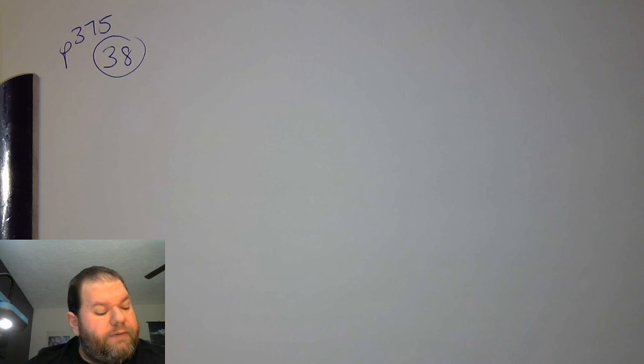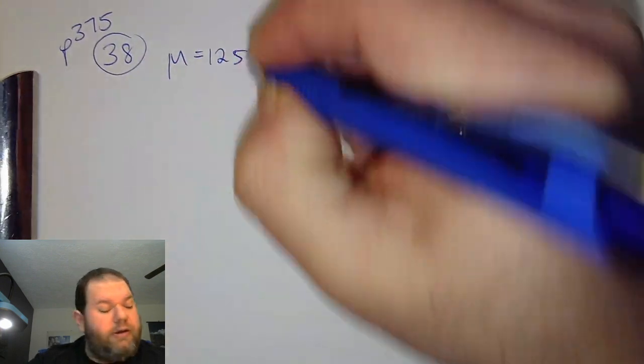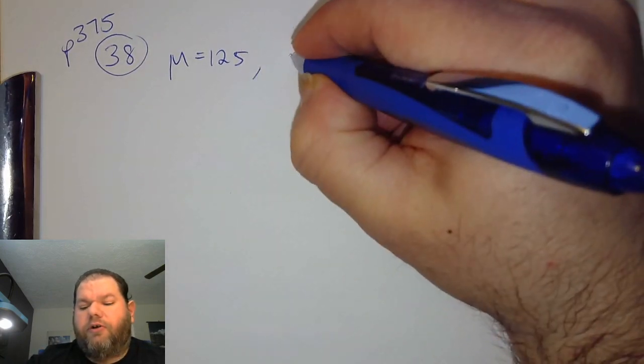The reading speed of 6th grade students is approximately normal, with a mean speed of 125 words per minute and a standard deviation of 24 words per minute.